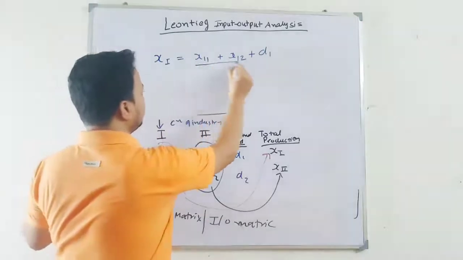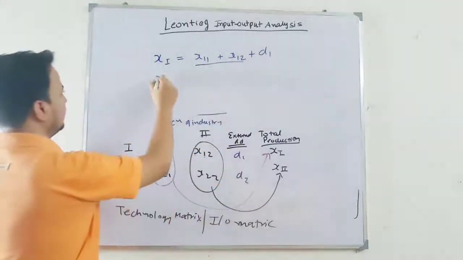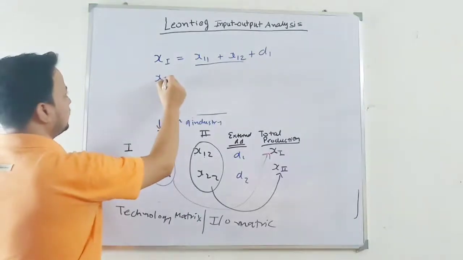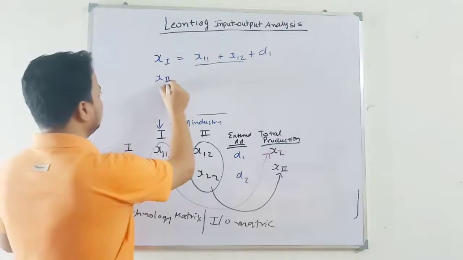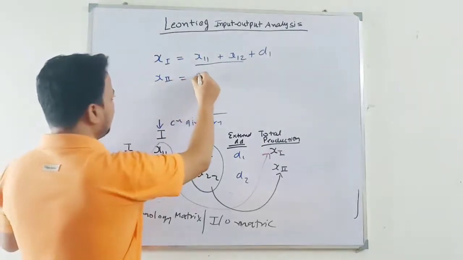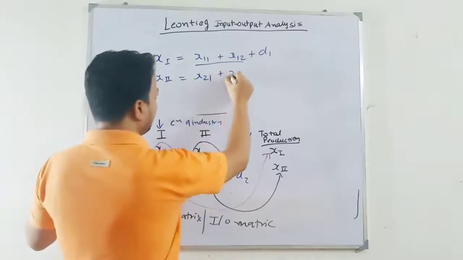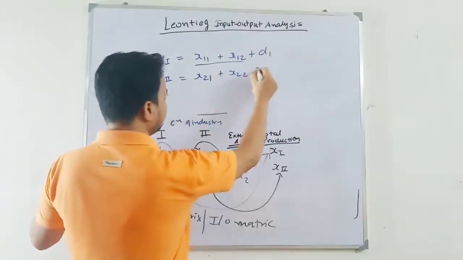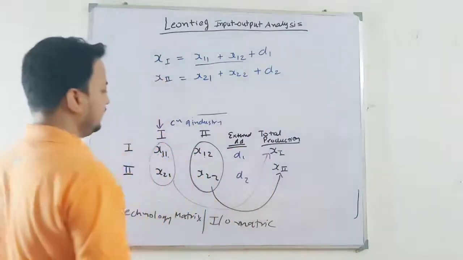This is internal consumption demand, and this is external demand. Second, production of second industry equals output of second industry used by first industry plus output of second industry used by second industry plus external demand of second industry.